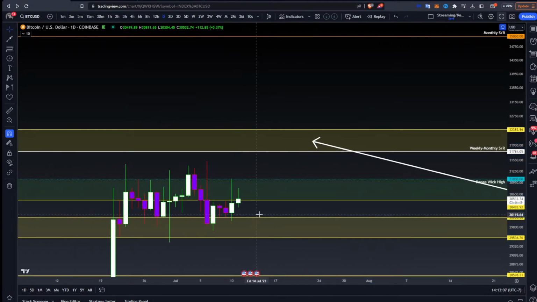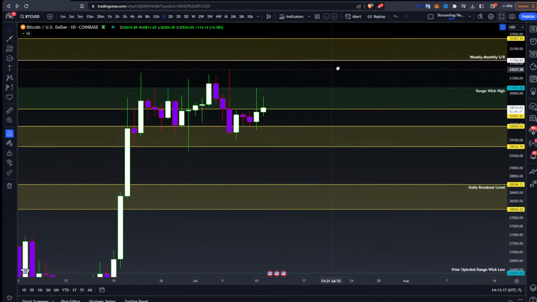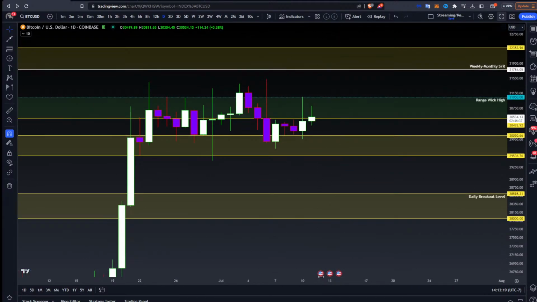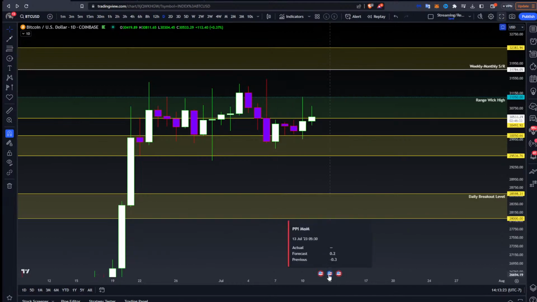So that's going to be what I'm watching for over the next few days here, especially as we come into tomorrow's economic data, as there is CPI tomorrow. Then we have PPI, and then the consumer buying power report, I believe.